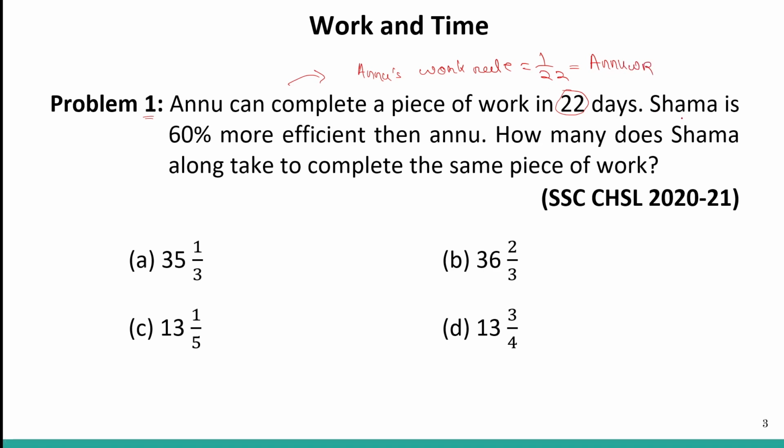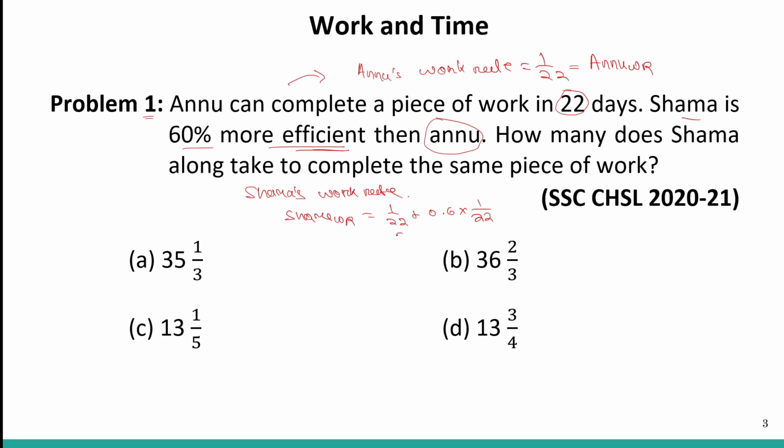Sama is 60% more efficient than Anu. So if Anu's work rate is 1 by 22, how many days does Sama take? Sama's work rate, denoted by Sama WR, is equal to 1 by 22 plus 0.6 into 1 by 22, because she is 60% more efficient, that much efficient and 60% more.